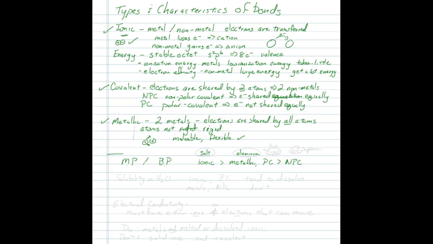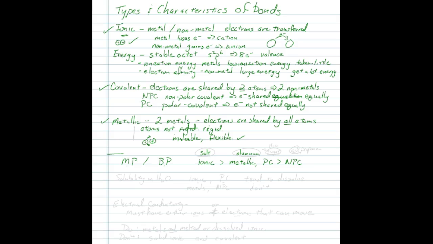Some metallic substances will melt at a very high temperature. Titanium is used in high-speed aircraft because it can withstand very high temperatures in the engines and such. And then you have things like mercury, which are already liquid at room temperature. So there's a wide range of metallic.